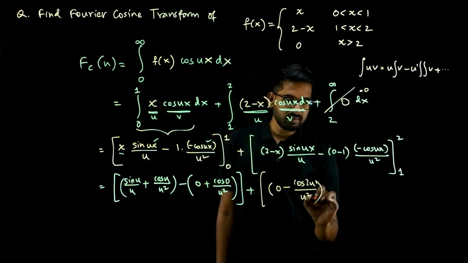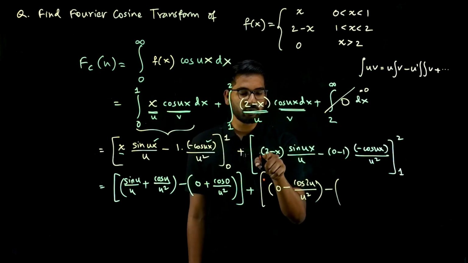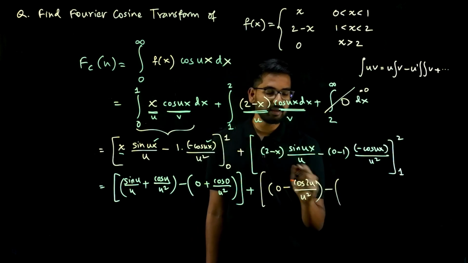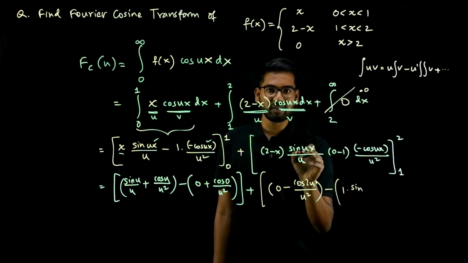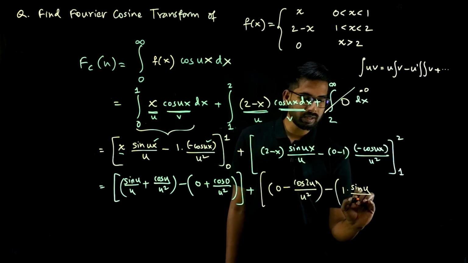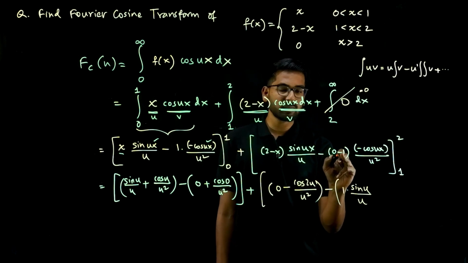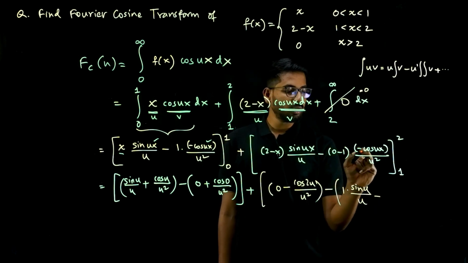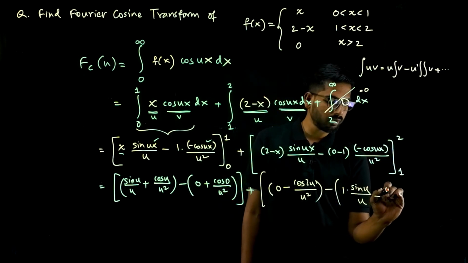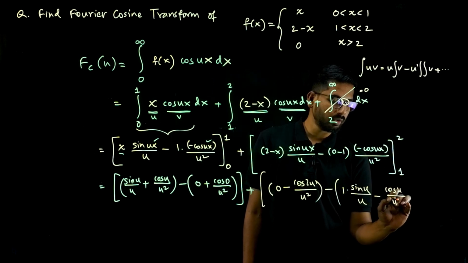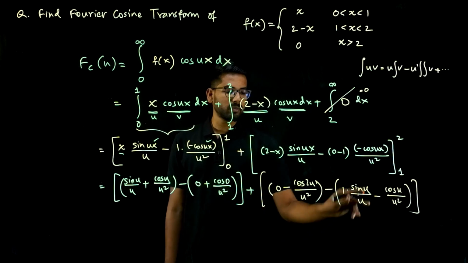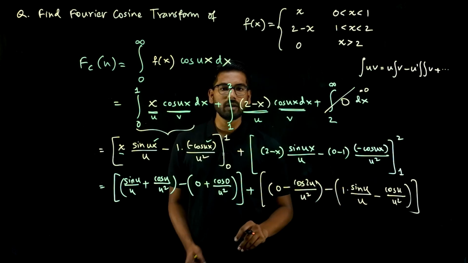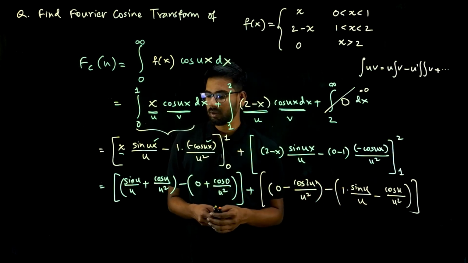Similarly, minus the lower limit: if you substitute the lower limit, 2 minus 1 is 1, sin u by u, and minus into minus plus, plus into minus minus, cos u times 1 is cos u by u square. So these are the 4 terms after evaluating the limits.